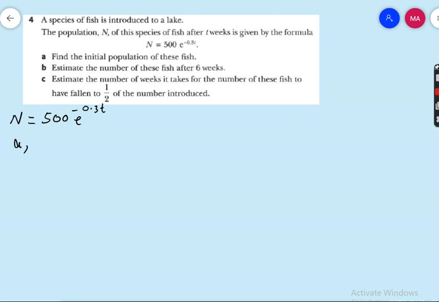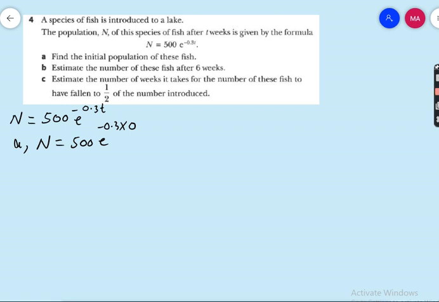Student, whenever you find the value of something at the initial stage, it means time must be 0. So just put N is equal to 500 e power minus 0.3 multiplied by t, where t should be 0, because at the initial position the time is always 0.